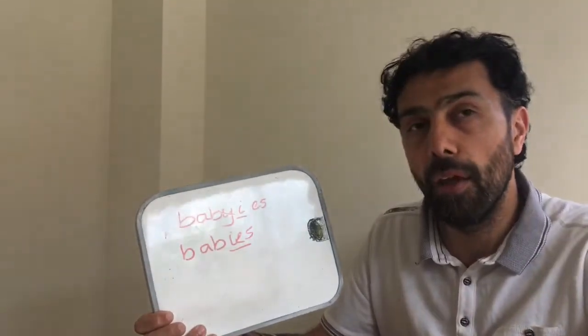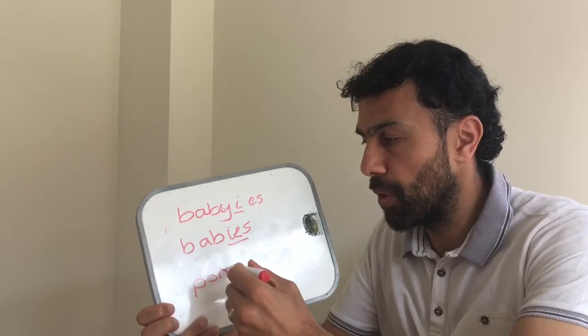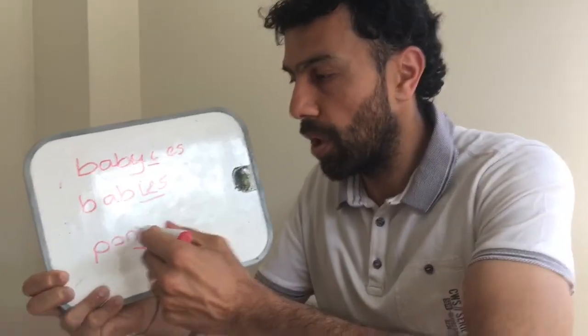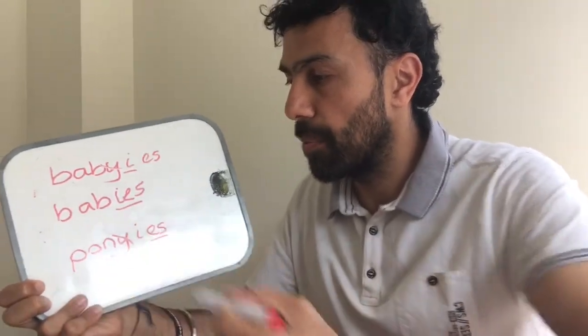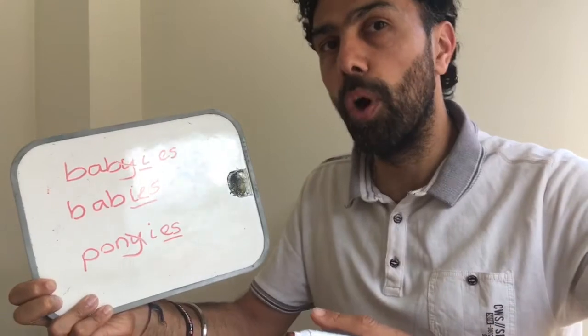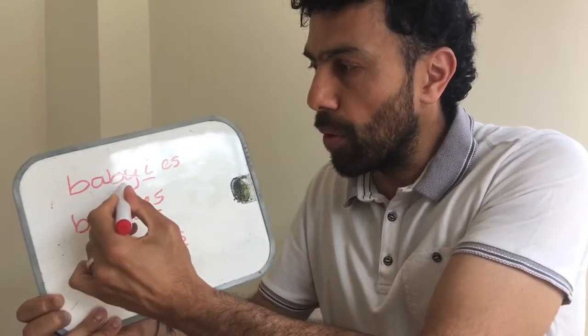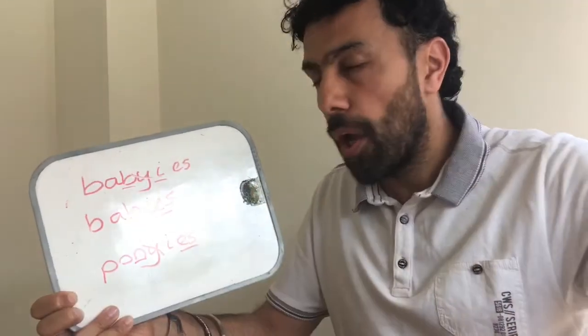If we look at another word, I was playing on the pony. Again, same again. We cut out the Y, turn it into an I, and then add ES to make ponies when there's more than one. So remember the Y rule. But the thing here, you've got to remember also, the letter just before the Y should not be a vowel.